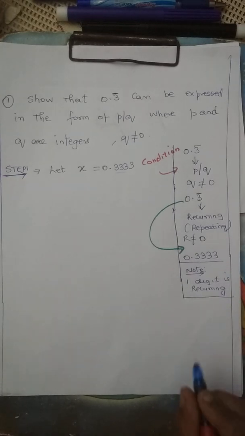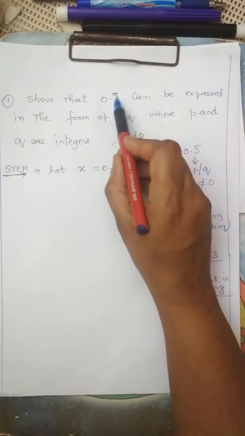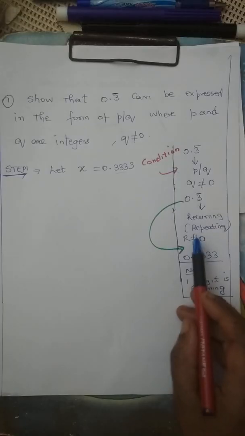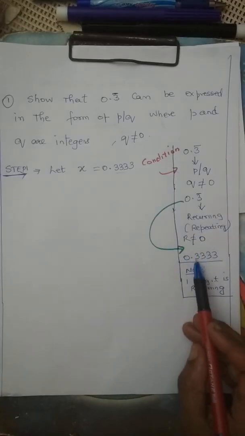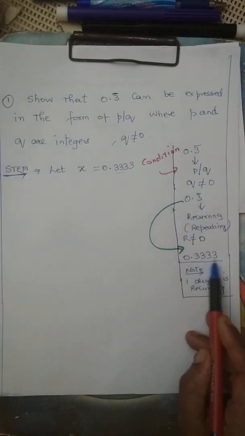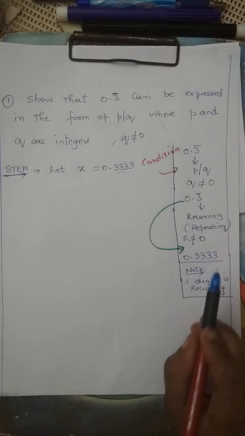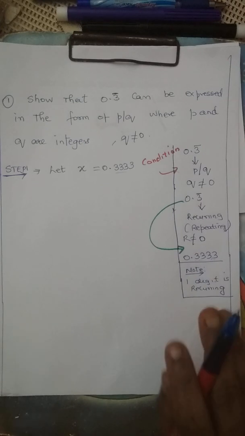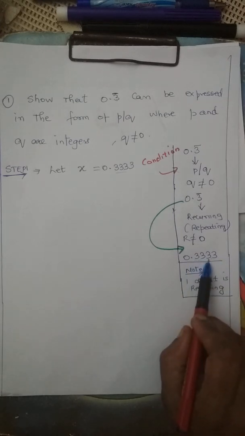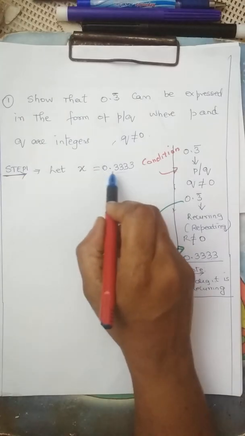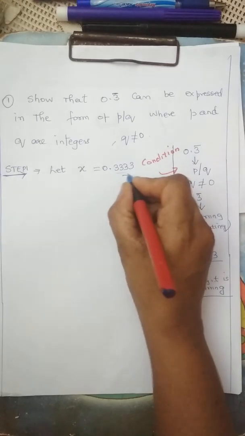So how to write that? The 3 has to be repeated many times. You can take 3 numbers, and maximum it's better to take 4, minimum you can take 3. So now x equal to 0.3333. We take this as equation 1.